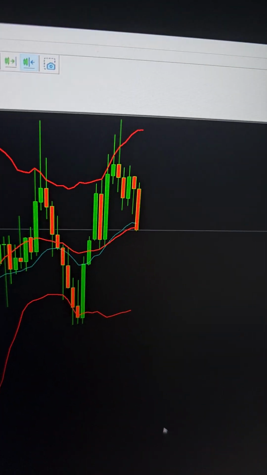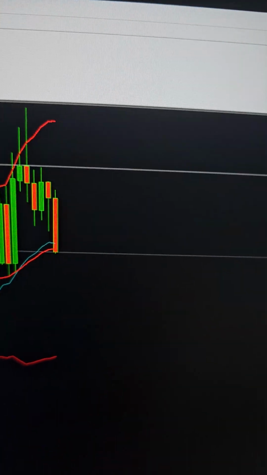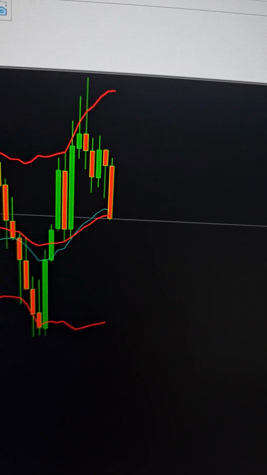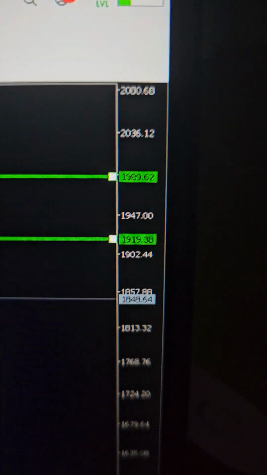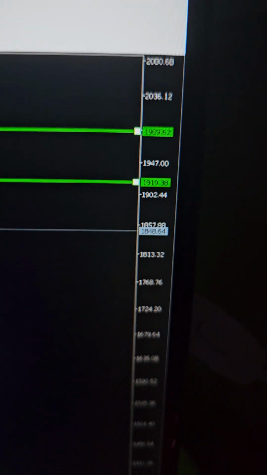Put simply, if you look closely at this place, price was dropping from 1989 to 1900. Price was moving from this place to this place, between 1989 and 1919.